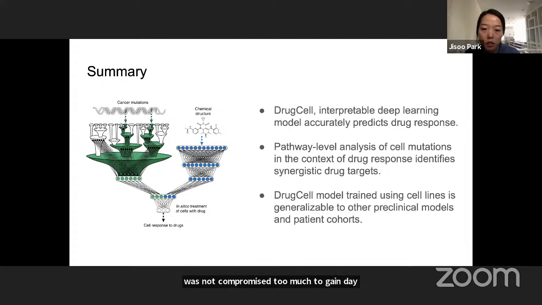And the interpretation of the model highlights synergistic drug combinations, and relevant findings are validated using preclinical models and patient population data as well, indicating the model's generalizability. So I hope I convinced you that DRUXA has great potential to aid the improvement of clinical trials. And where do we go from here?